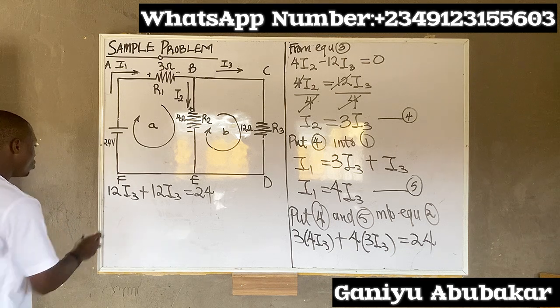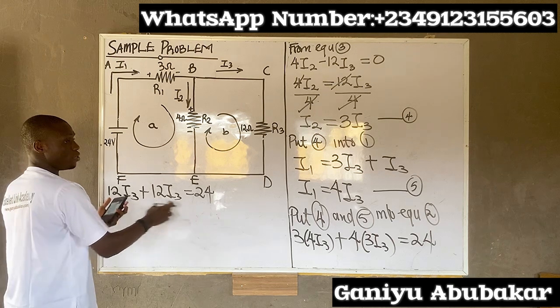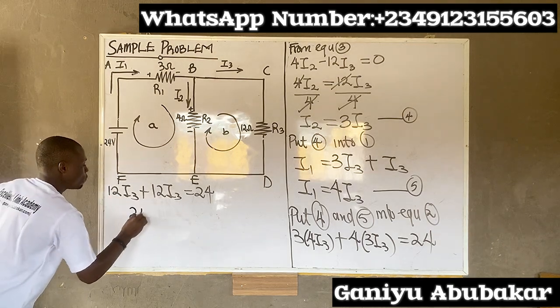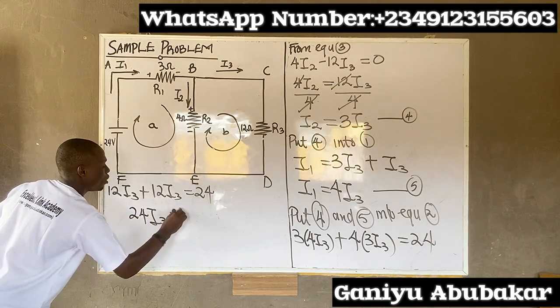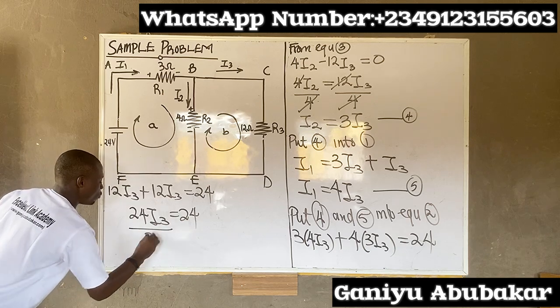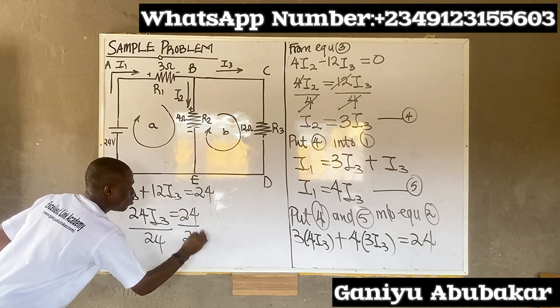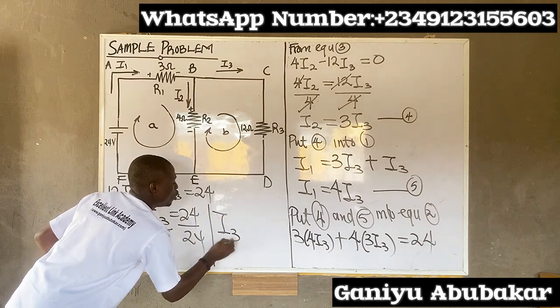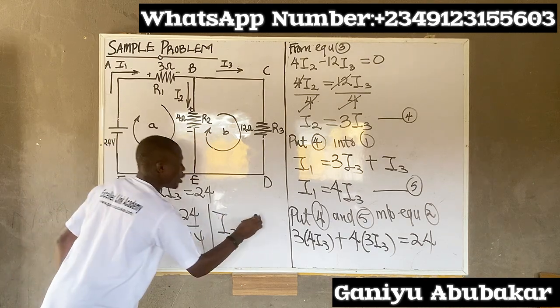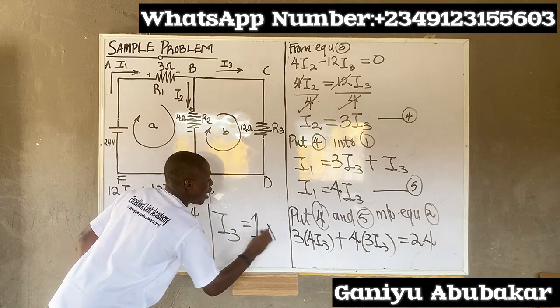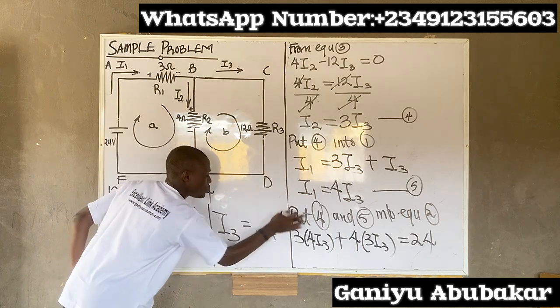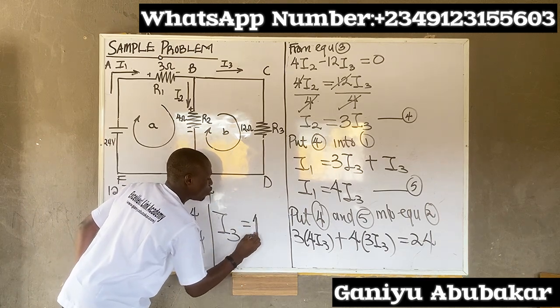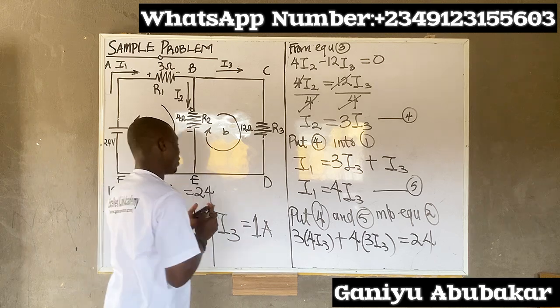They are common, so they can add up. That gives you 24I3 equal to 24. So my I3 equals 24 over 24, that's 1. That gives you 1 ampere. So I3 equal to 1 ampere.